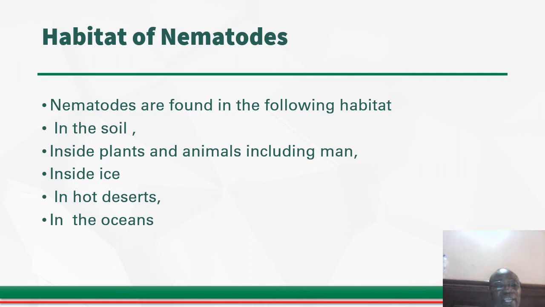You can also find them in hot deserts, and also in the ocean. So it means you can find them almost everywhere, particularly where the environment is very harsh, such as a very cold environment inside the ice, and when the weather is extremely hot, such as in the hot desert, you can find nematodes.